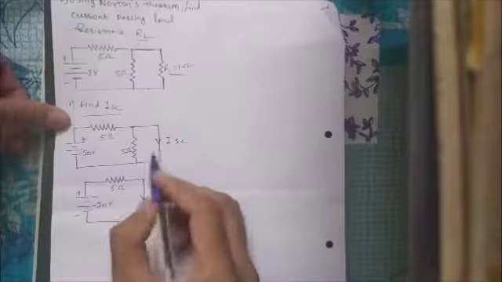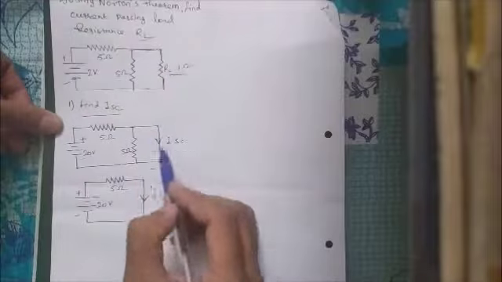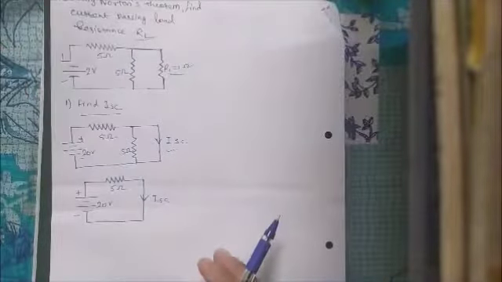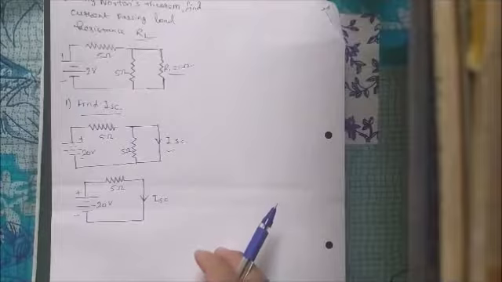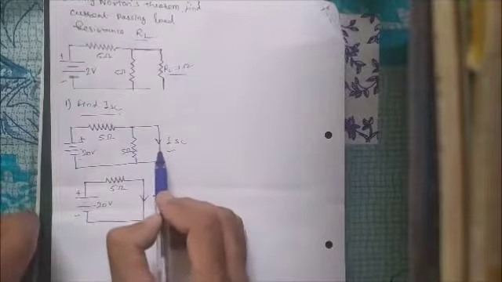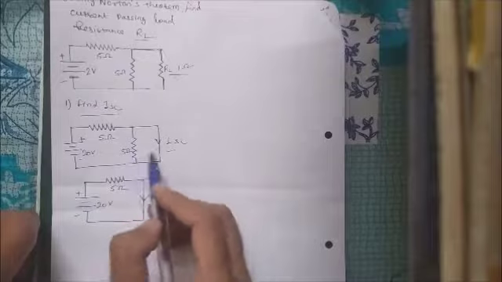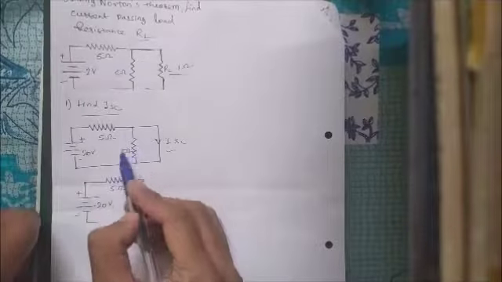So here, after short circuiting the load resistance of 1 ohm, this will be your circuit. But in network analysis, keep one rule in mind compulsorily: the resistance which is in parallel with the shunt branch or a short circuit branch is not applicable in the circuit.